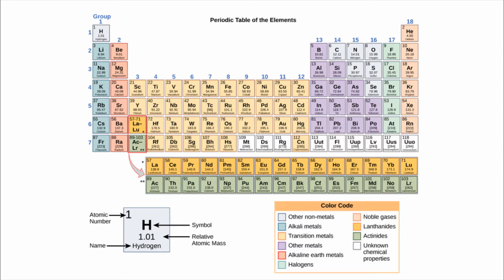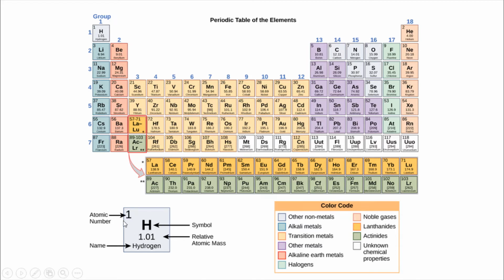In this case, we have a mass of 1. What the relative atomic mass tells us is the number of total particles we find in the nucleus. We know that we have an atomic number of 1, so we know for sure that in this nucleus we have 1 proton. But if the relative atomic mass is 1, then it means there's nothing else but a proton in there.